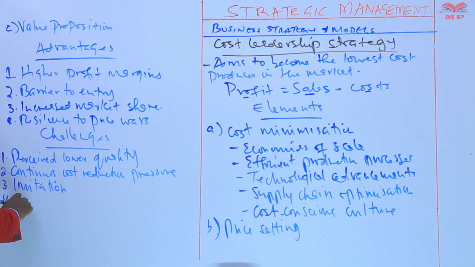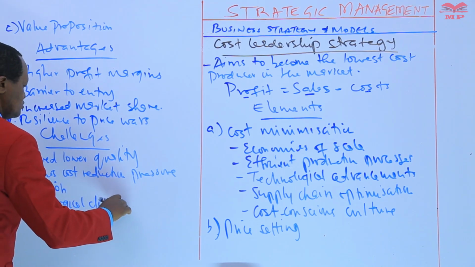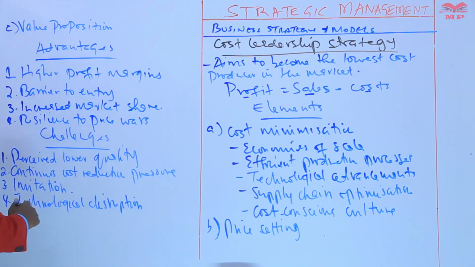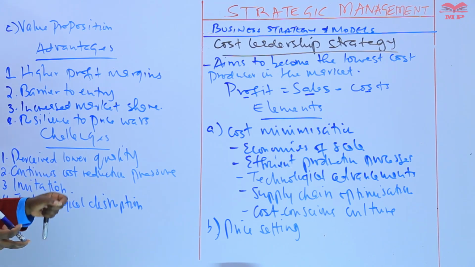Four, technological disruption. Rapid technological advancements can disrupt the cost leader's advantage if competitors adopt new strategies that significantly reduce the costs. So these are 4 challenges.